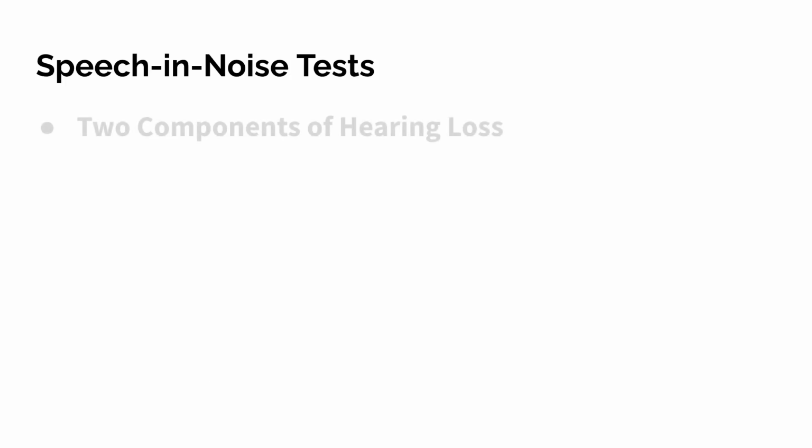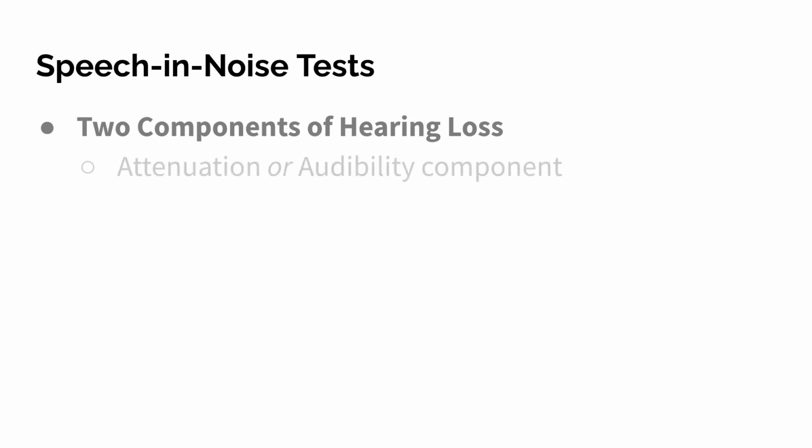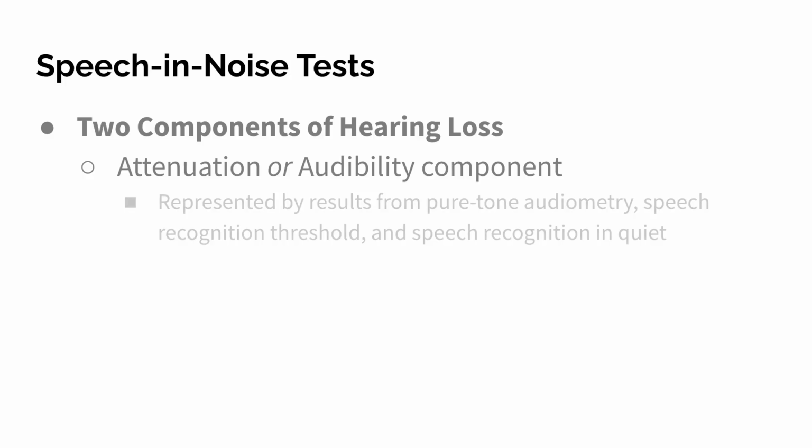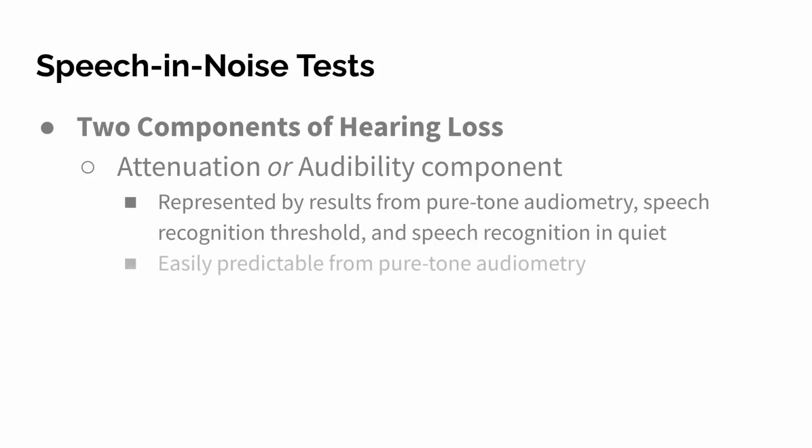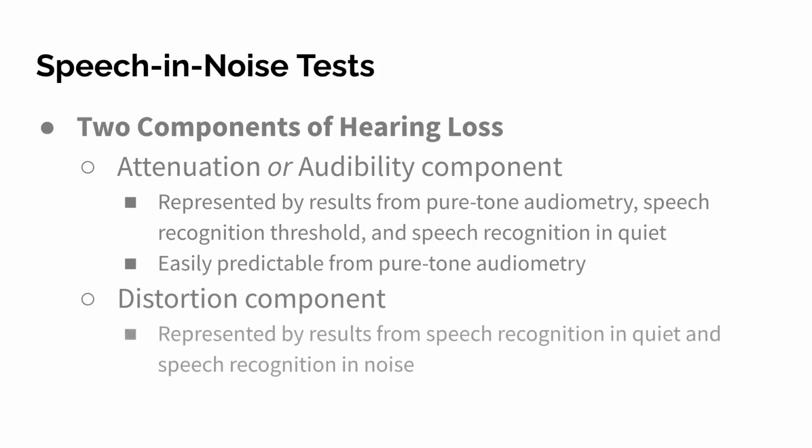There are two components of hearing loss based on the work of Plomp. You have the attenuation or audibility component, represented by changes in pure tone threshold audiometry, speech recognition threshold, and speech recognition in quiet. That represents the audibility component, easily predictable from pure tone audiometry. Then you have the distortion component, represented by results from speech recognition in noise, and sometimes speech recognition in quiet.